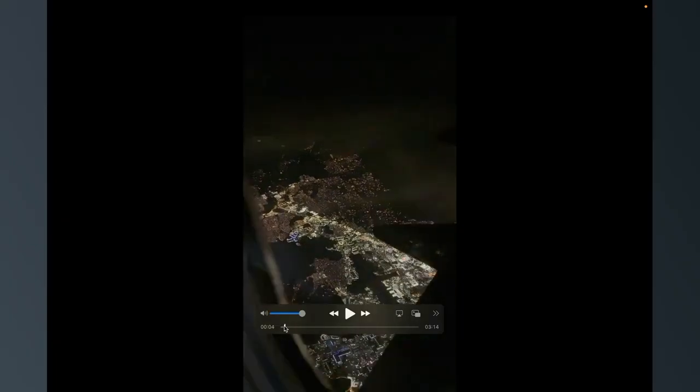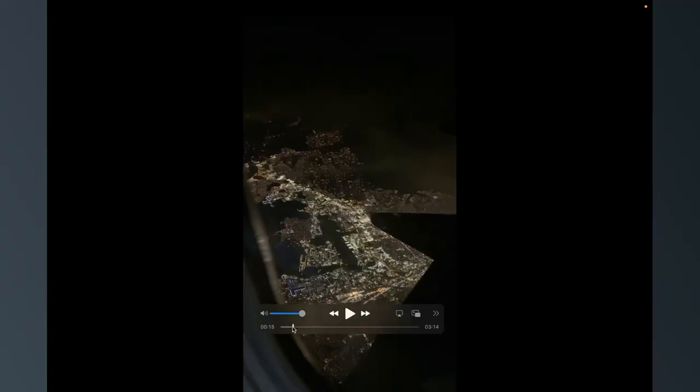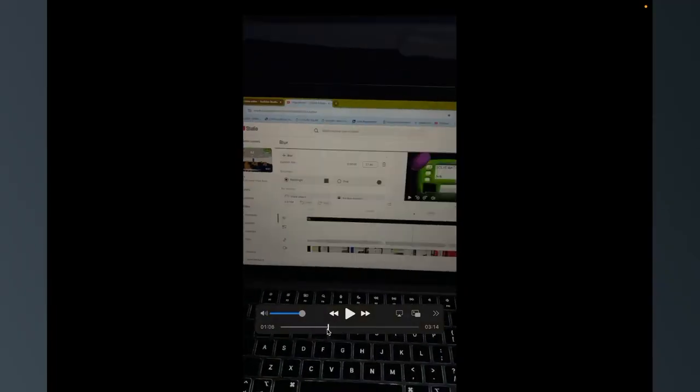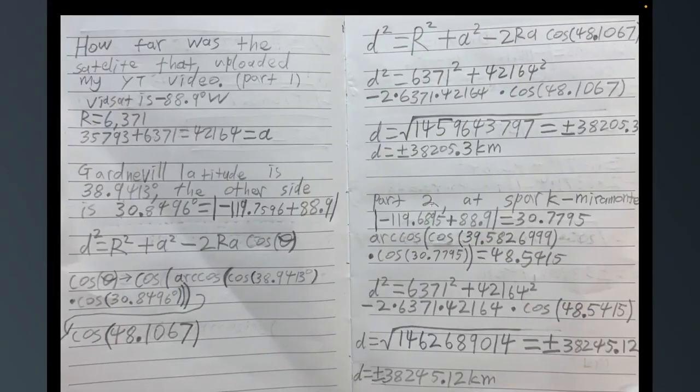And then another one here is this very beautiful city down there. I actually recorded the precise coordinates here. And let me just tell you part 2 here. This is the coordinates. That city is called Spark. And the coordinates are this, and this.